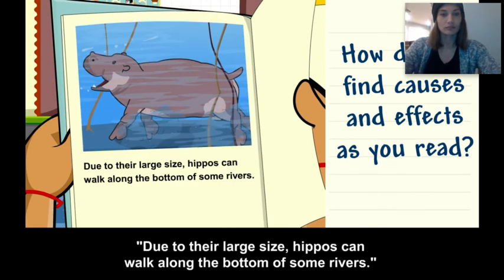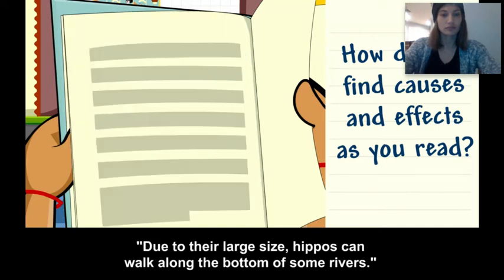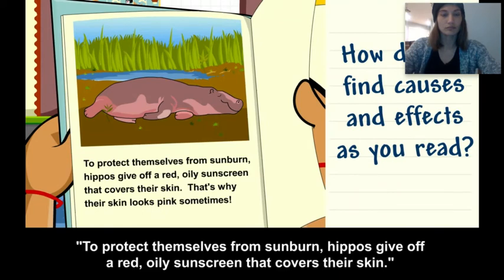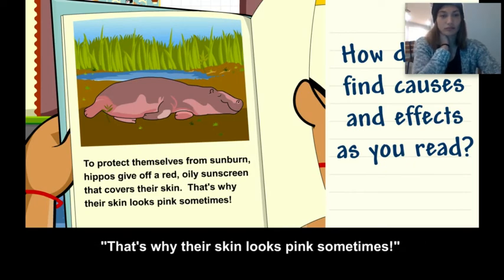Due to their large size, hippos can walk along the bottom of some rivers. To protect themselves from sunburn, hippos give off a red, oily sunscreen that covers their skin. That's why their skin looks pink sometimes.